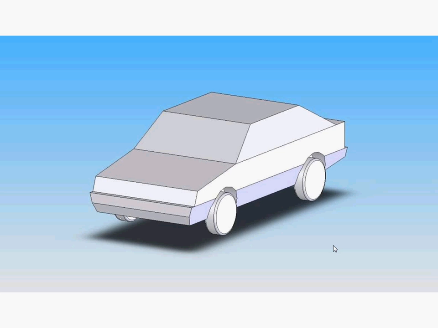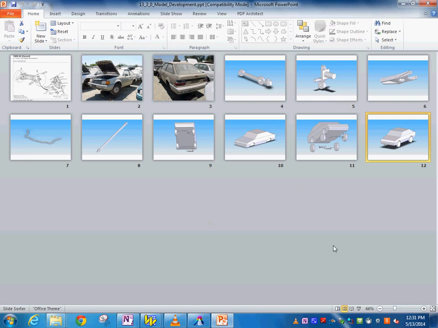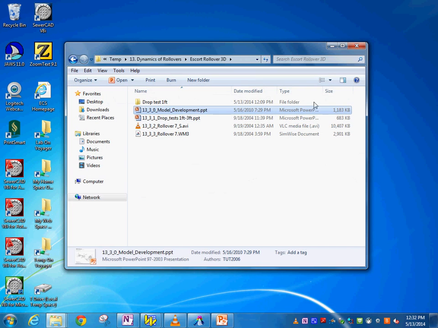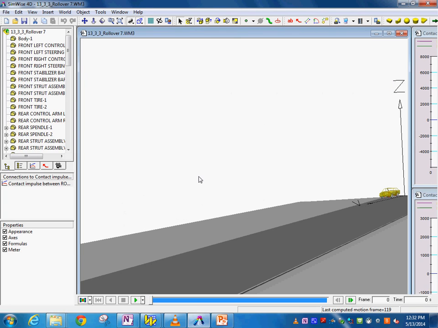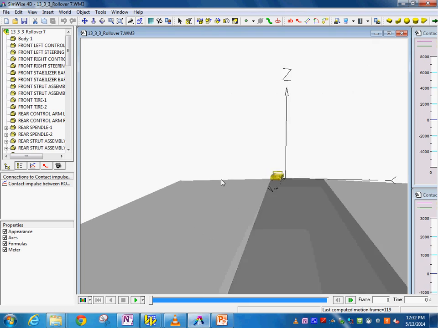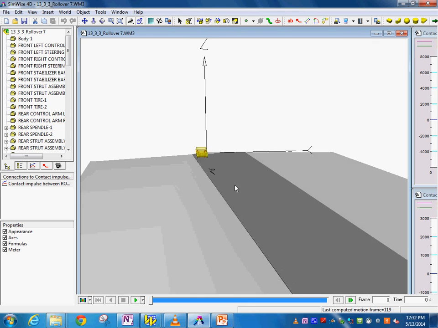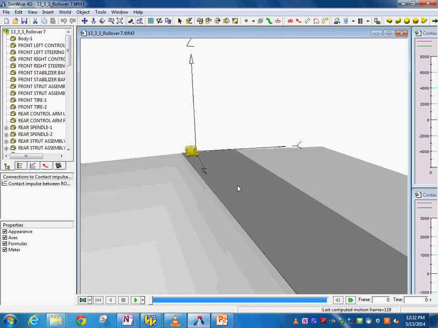So that's the way the system was developed. But if we look in detail at the suspension, we could actually look in our model over here. We could look at it in pretty much detail.